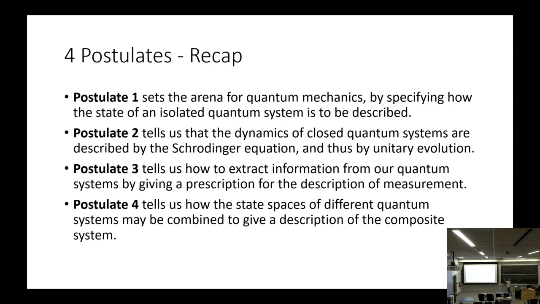So superpositions. Postulate 3 tells us how to extract information from our quantum system by giving us some rules for measurement. And postulate 4 tells us how the state spaces of different quantum systems can be combined to give composites. And that's really all. There's more postulates of quantum mechanics, but those are all the ones we need to think about quantum information.